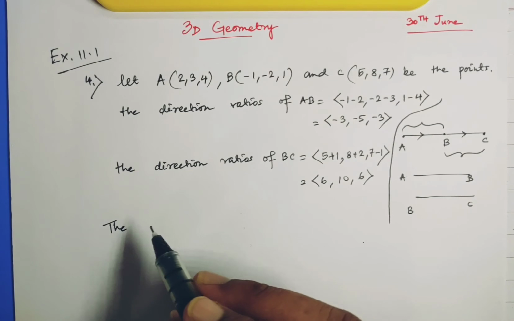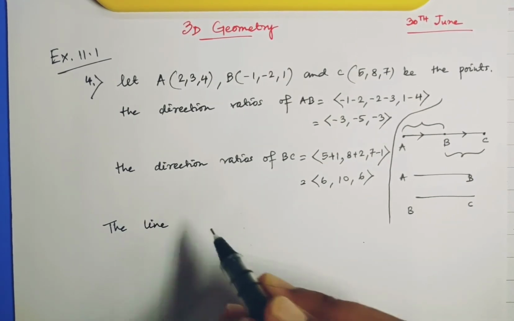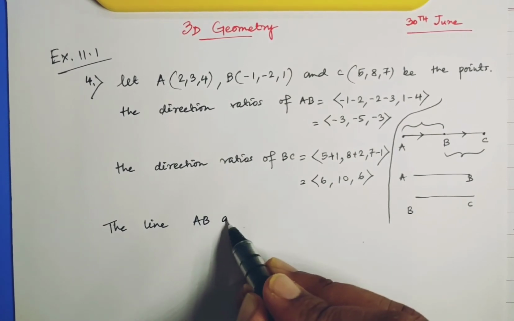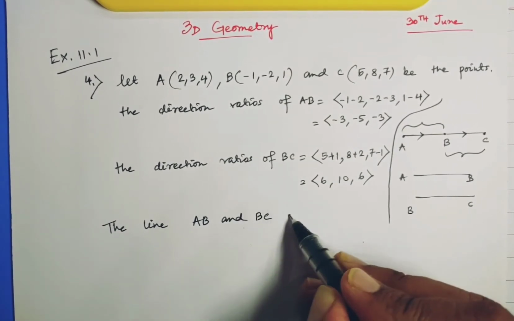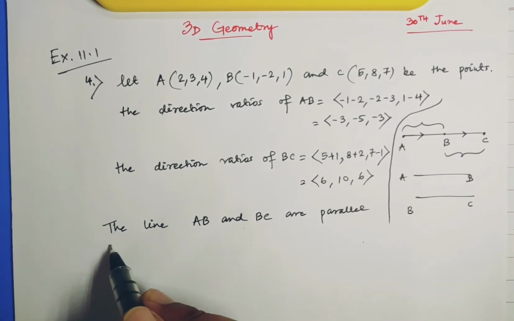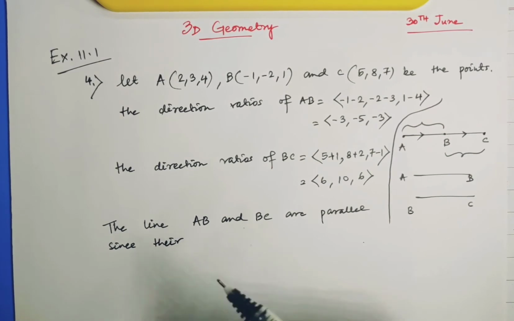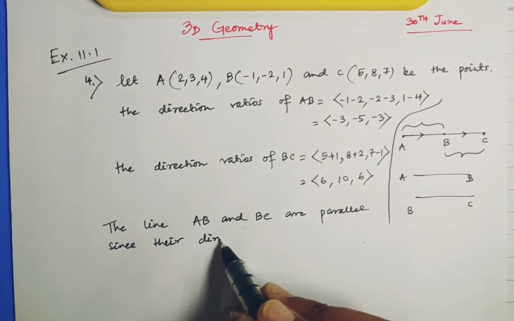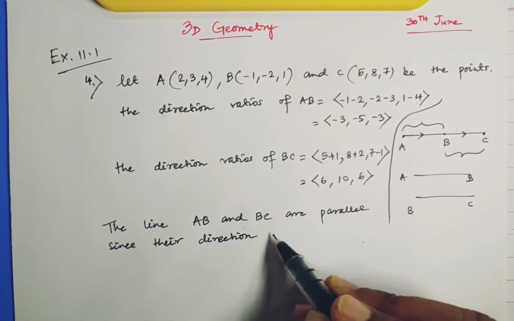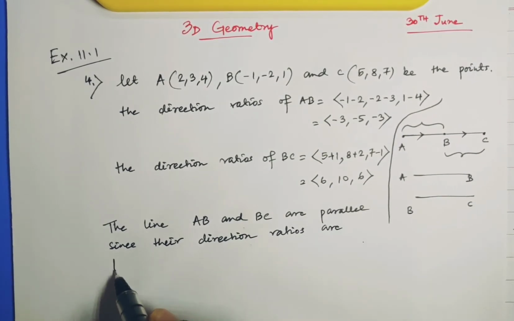The line AB and BC are parallel since their direction ratios are proportional.